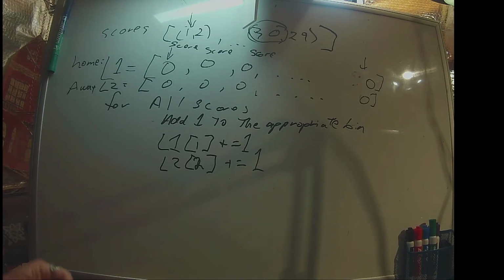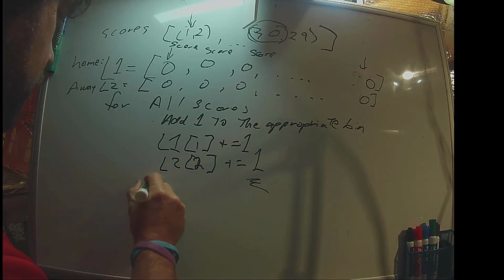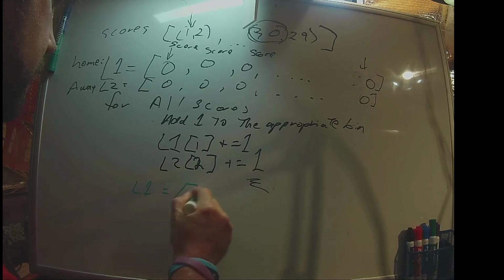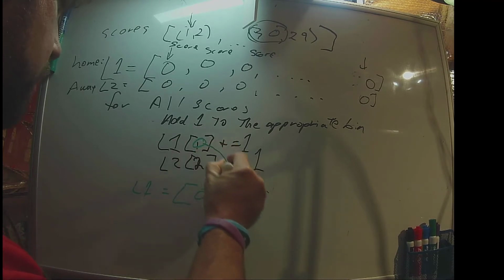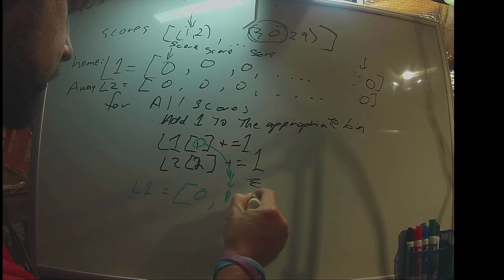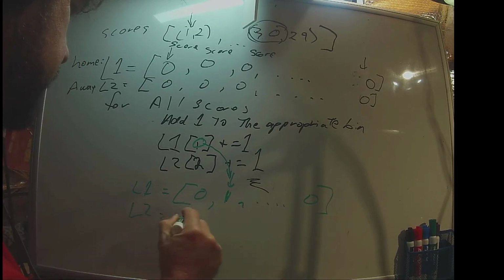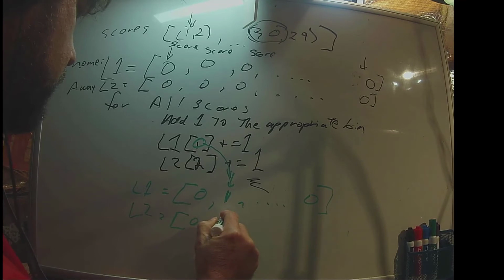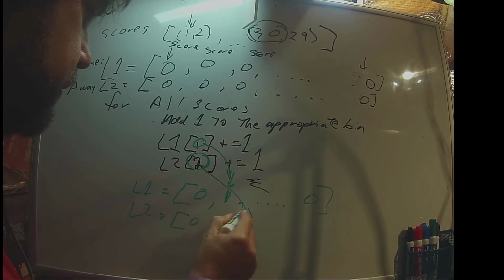And if we do this, when we've gotten through all these scores, so after we've done this the first time, we would now have L1 would be 0, 1, because we've incremented this 1 by 1 here. And L2 would equal something like this, 0, 0, 1, because we've incremented this 2 here.